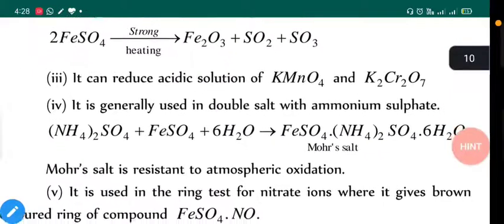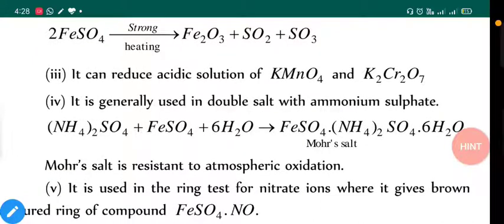It can reduce acidic solutions of KMnO4 and K2Cr2O7. So it will act as a reducing agent for these two, and both of these are strong oxidizing agents. It is generally used as a double salt with ammonium sulfate. Now double salt means it contains two different types of ionic compounds or salts.